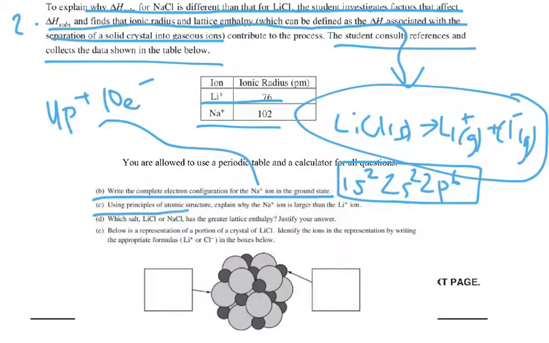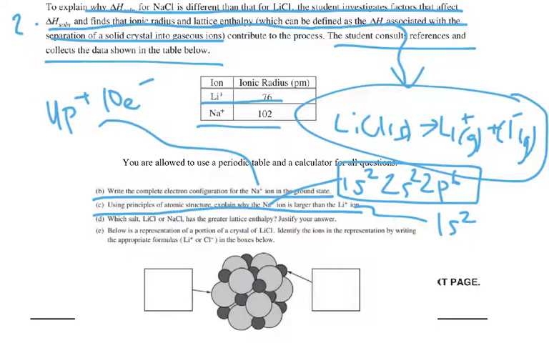C. Using principles of atomic structure, explain why the sodium plus ion is larger than the lithium plus ion. Well, lithium plus has an electron configuration of 1s2, while sodium plus has that electron configuration.